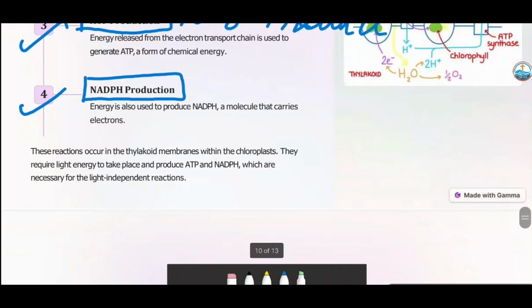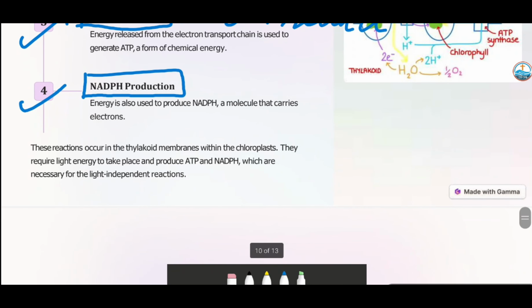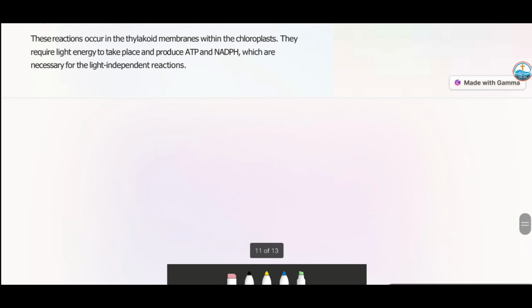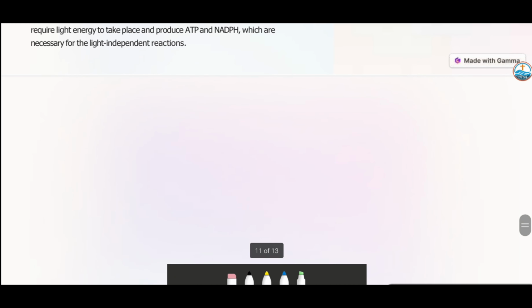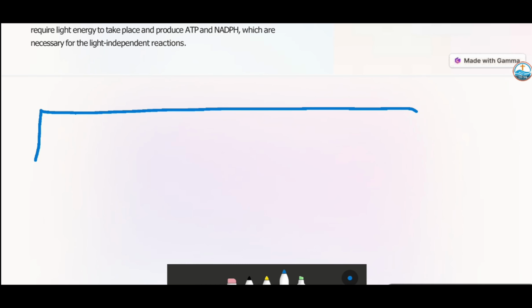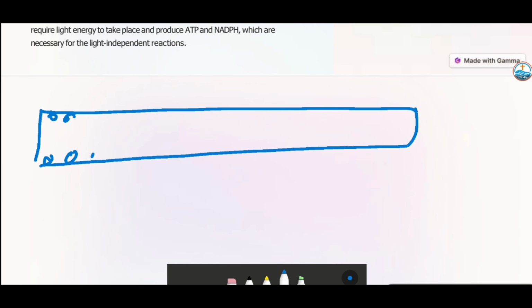Now I will explain how the electron transport chain takes place. When this reaction is taking place in the thylakoid membrane within the chloroplast, it requires energy. So how does this energy travel? Suppose these are the pigments of the chlorophyll. I'm just drawing a rough sketch to make you understand.